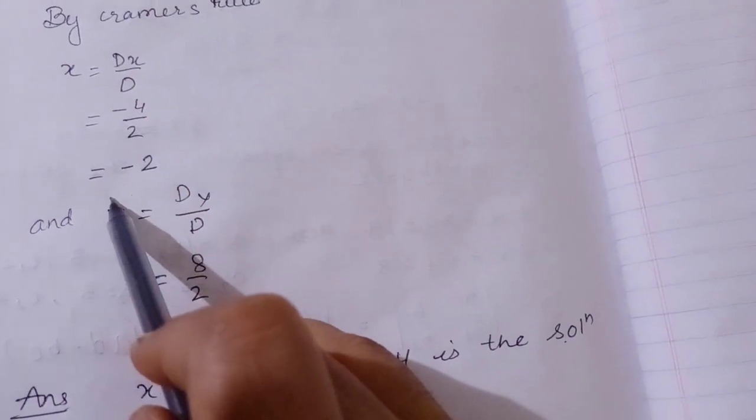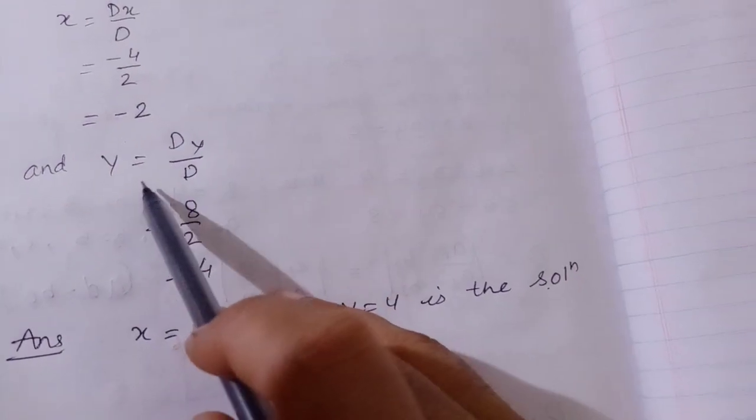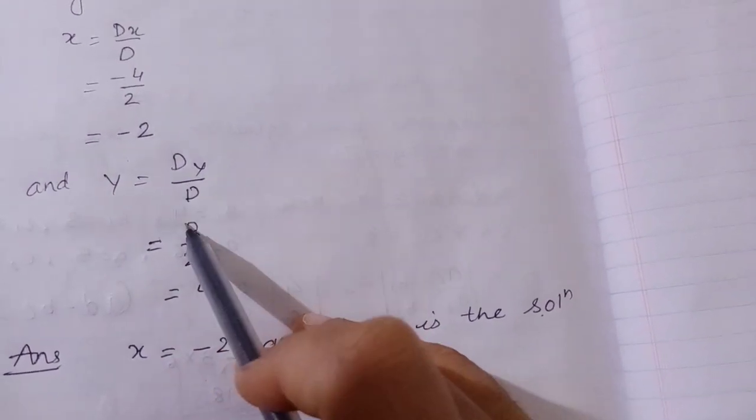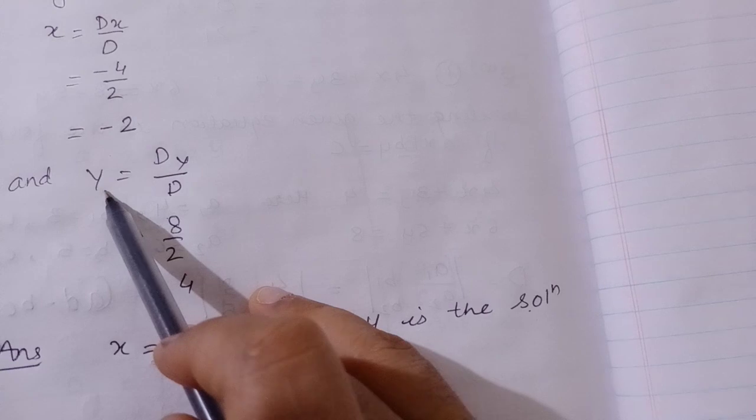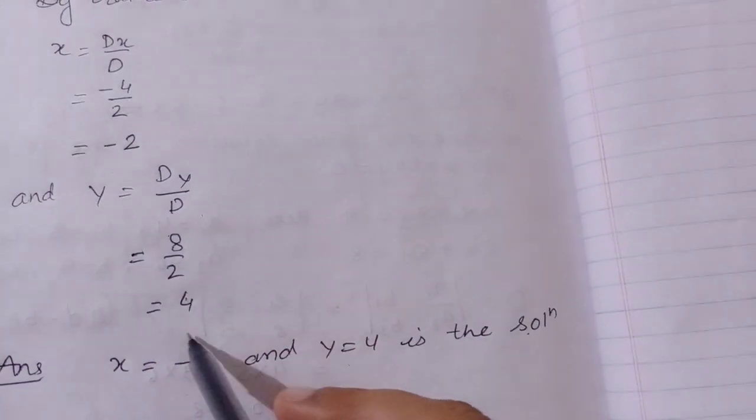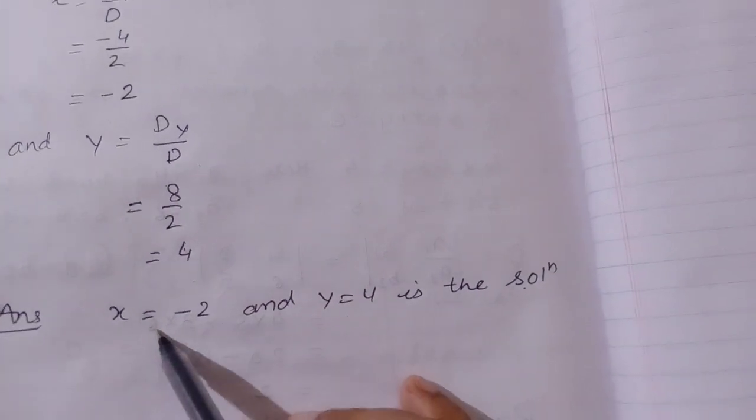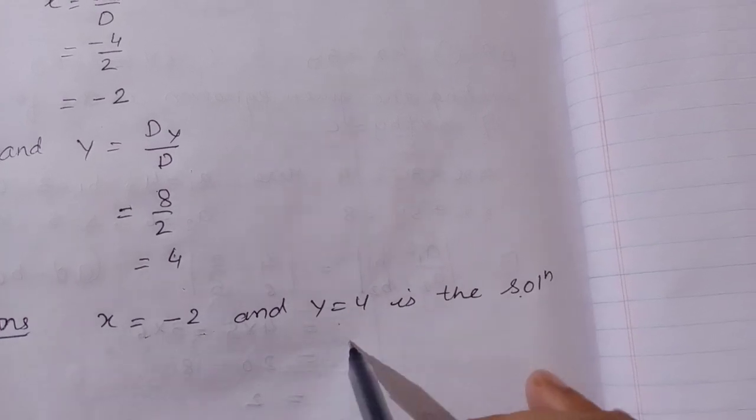The answer for x is minus 2. In the same way, when we put the values of Dy and D for y, we get 8 upon 2, that is 4. So the solution for this question is minus 2 and 4.